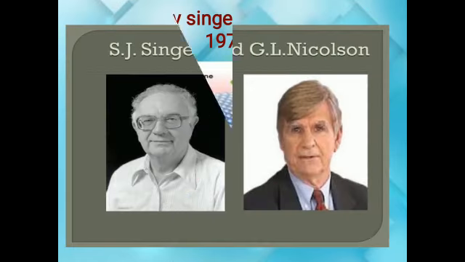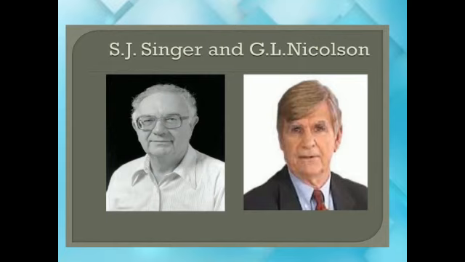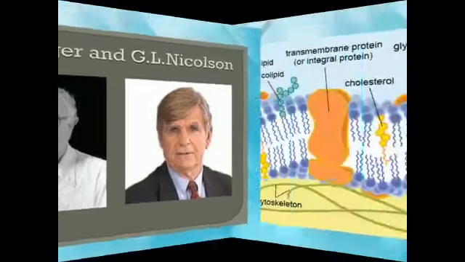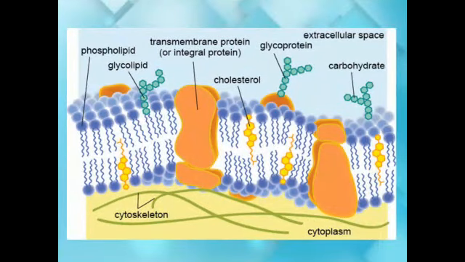Students, question rises here that why is it called fluid mosaic model? Fluid mosaic model was a working model of plasma membrane. In this model, lipid molecules are present in a fluid state, capable of rotating and moving laterally within the membrane. Phospholipid molecules are amphipathic.